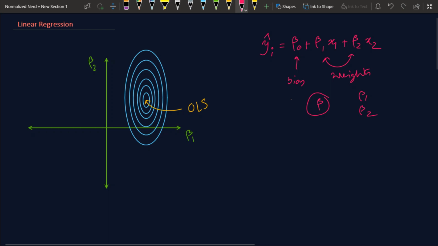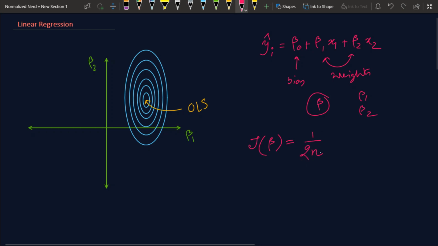Okay, got it? So this is our model, and to apply the ordinary least square method we have to define a cost function, and I hope that many of you are familiar with it, that is the least square cost function, and the formula goes something like this: J of beta is equal to 1 upon 2n.